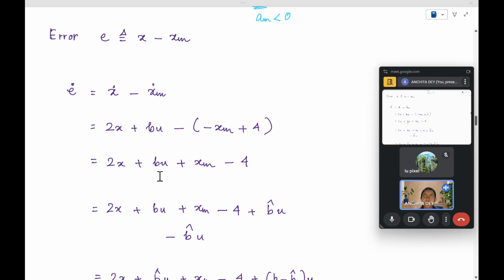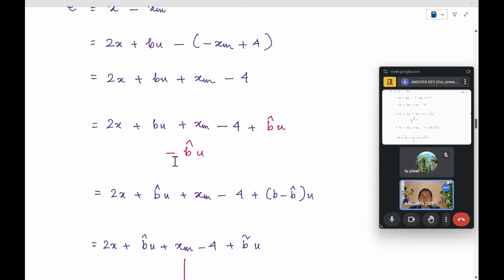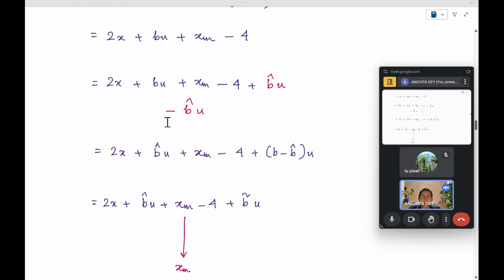Now you just write 2x + bu + xm - 4, and you have to learn the parameter b. So we bring this extra term: we are adding this term and subtracting this term as well. This is the part using which we will carry on the analysis and come up with a law for b hat. So now we have 2x + b hat u.